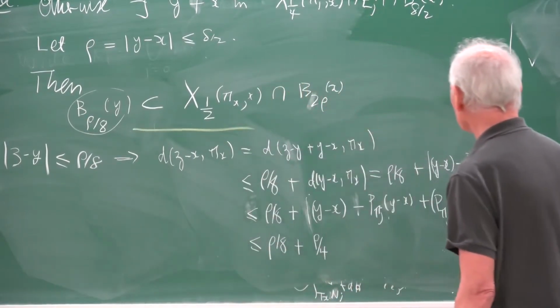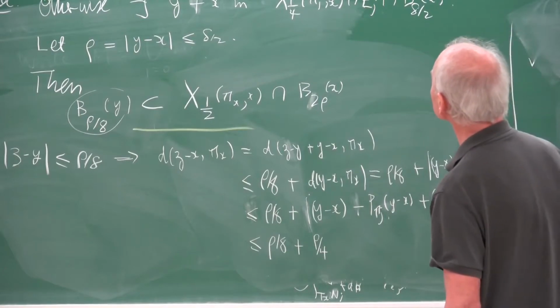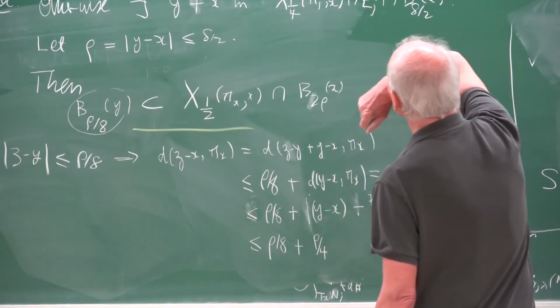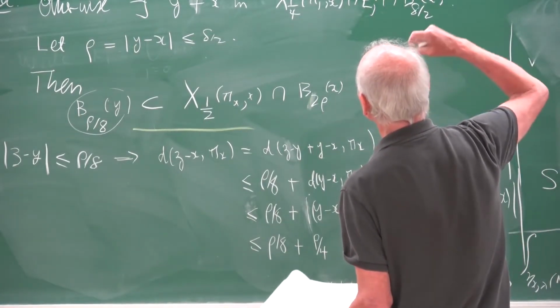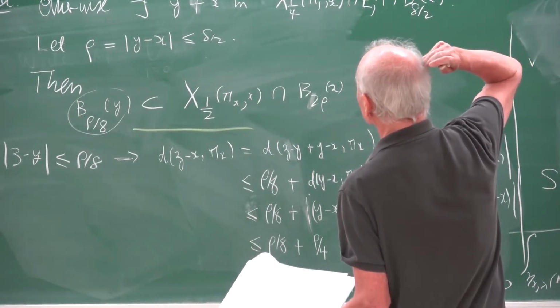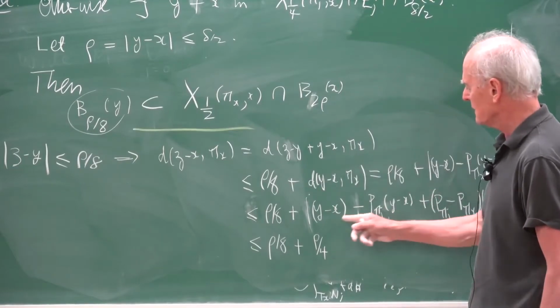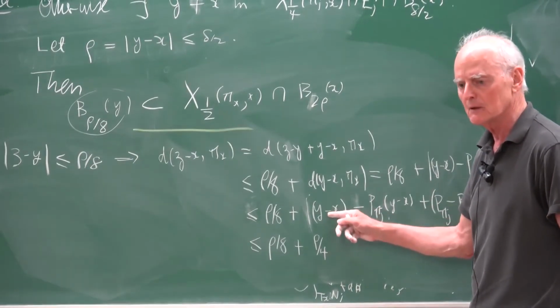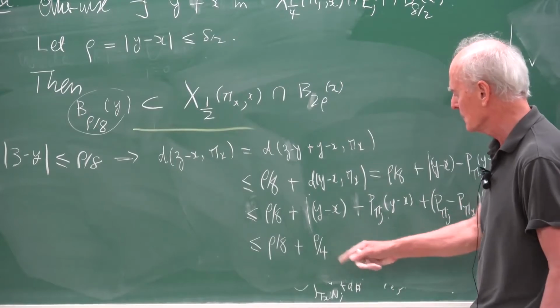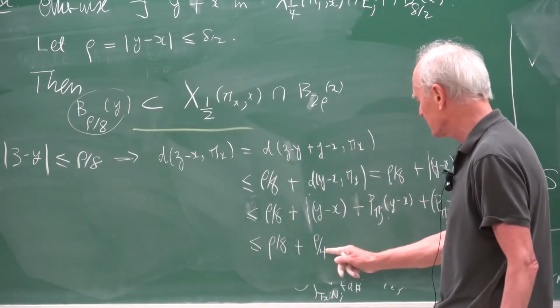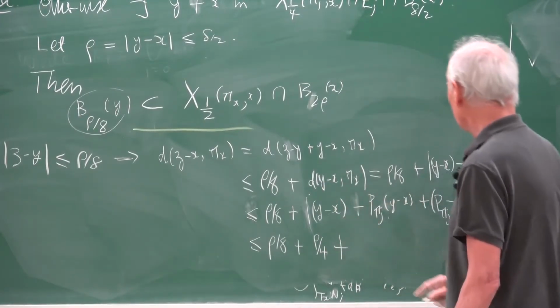Because, right, p pi y minus x, the distance is less than a quarter, that's right. That distance there is less than a quarter times the distance to the origin. And the distance to the origin is rho, so that's rho over 4. So this bit is less than rho over 4. And what about this bit?